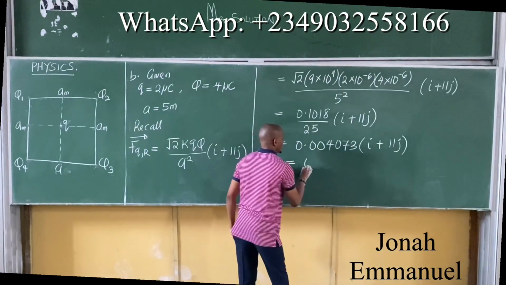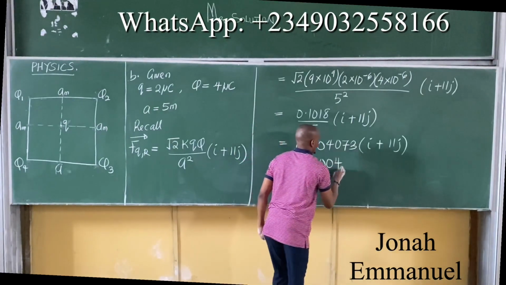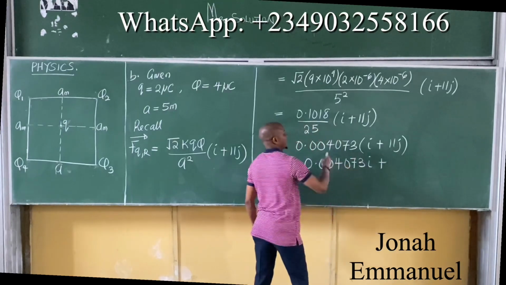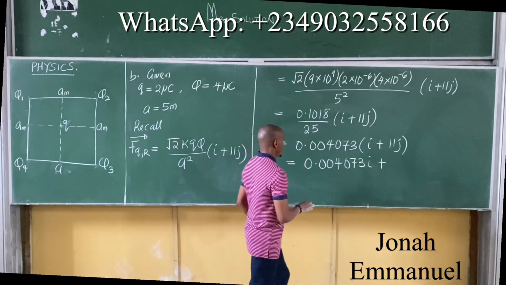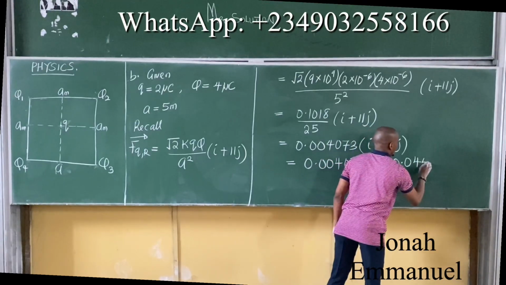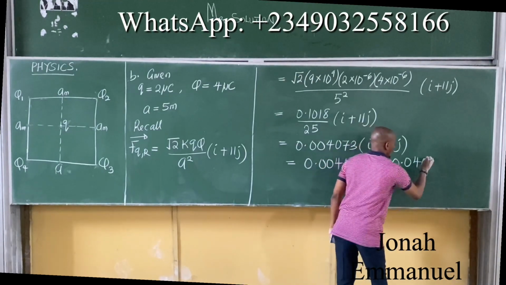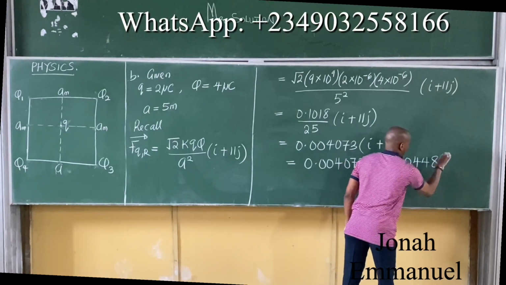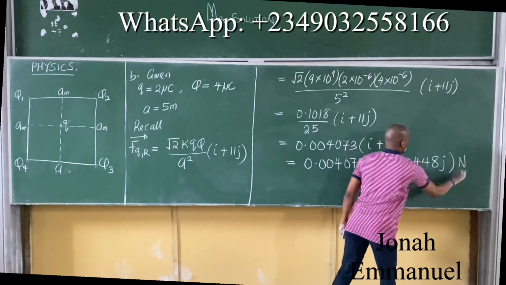This is 0.004073i plus, please multiply by 11. What do you get? 0.0448j, all in Newton.